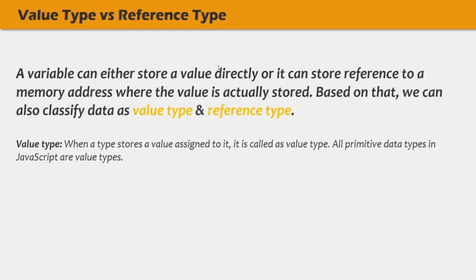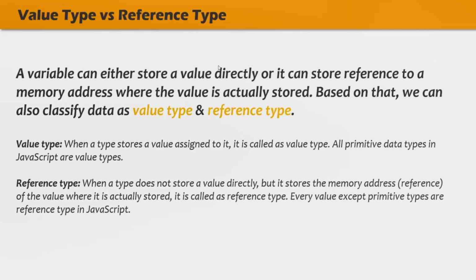All primitive data types, a value belonging to a primitive data type, is a value type in JavaScript. So number 30 belongs to number type, and number type is a primitive data type, so number 30 is value type. A string value hello belongs to string data type, and again, string data type is a primitive type. And since it is a primitive type, the string hello will also be a value type.